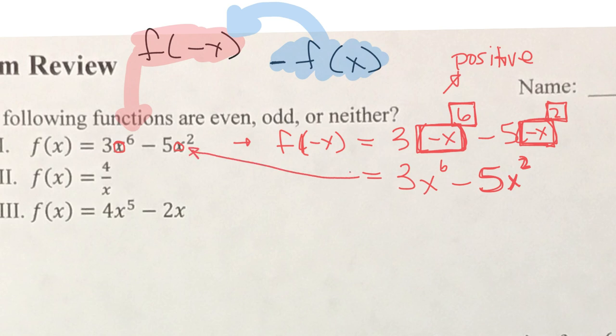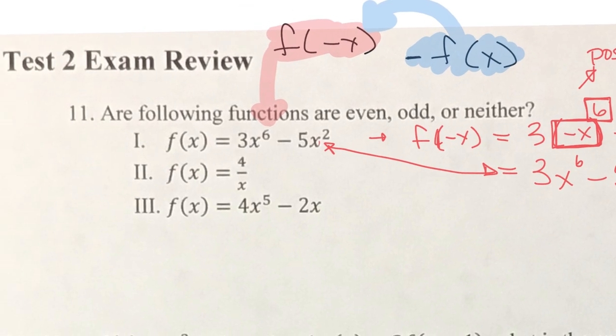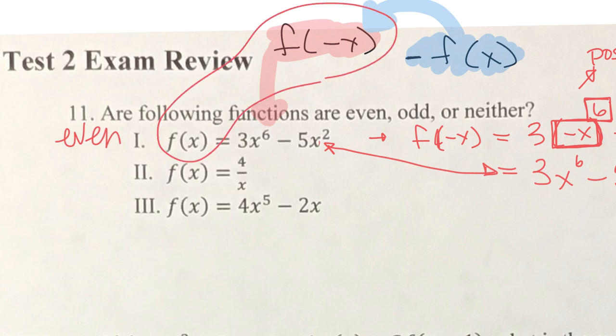How do these two equations compare? Well, hopefully you see, after I erase this stuff that I wrote there before, that these equations are the exact same: 3x to the sixth power minus 5x squared. That means that number one is an even function, because those two are the same.